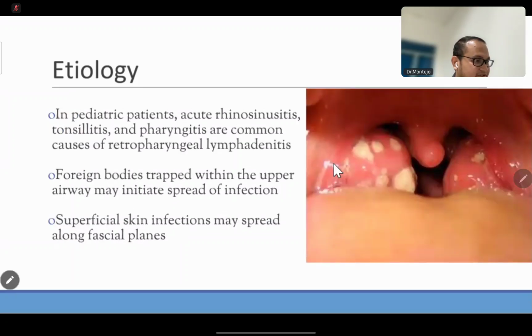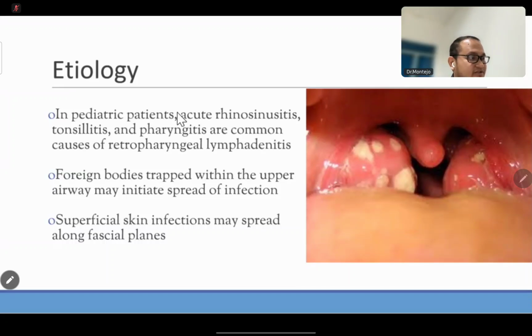As mentioned, in pediatric patients it usually presents first with rhinosinusitis, tonsillitis, or even pharyngitis. Then it will lead to deep neck infections, like retropharyngeal. This is because pediatric patients have lots of lymph nodes.